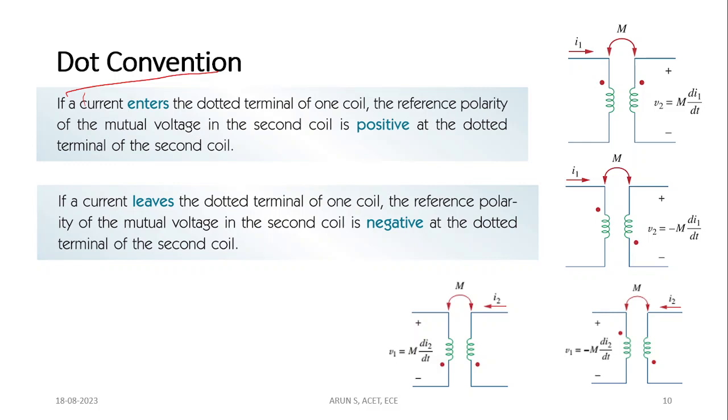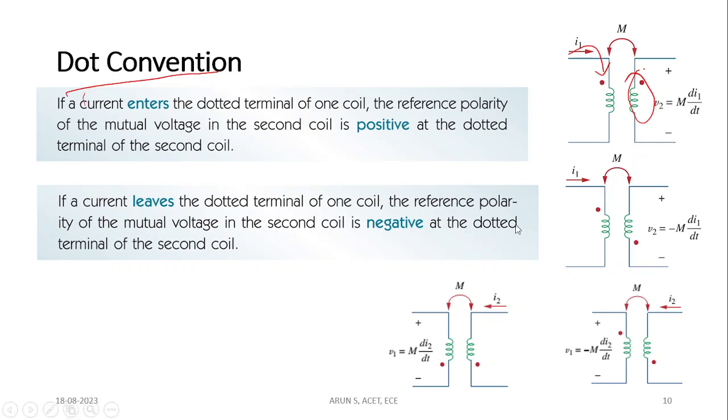If a current enters the dotted terminal of one coil, just consider this example. The current I1 is entering the dotted terminal. I already told you that the current flowing in this coil will induce a voltage across the second coil. The induced mutual voltage in the second coil will have its positive terminal at the dotted terminal.